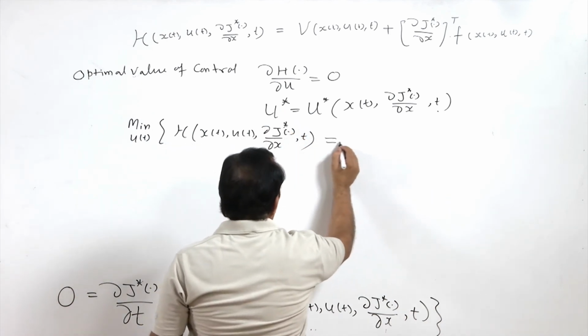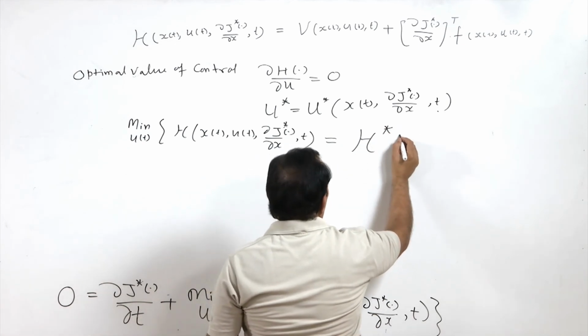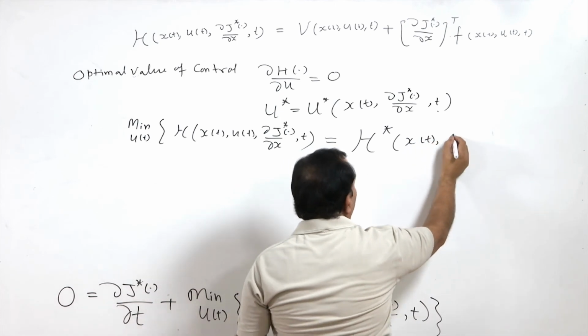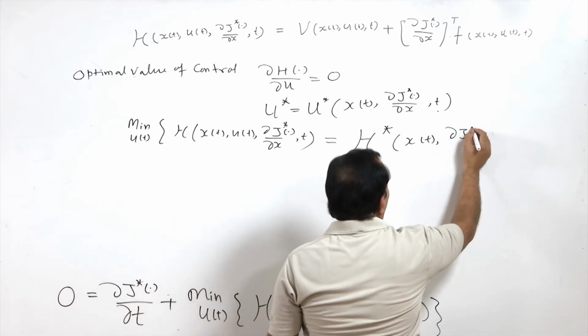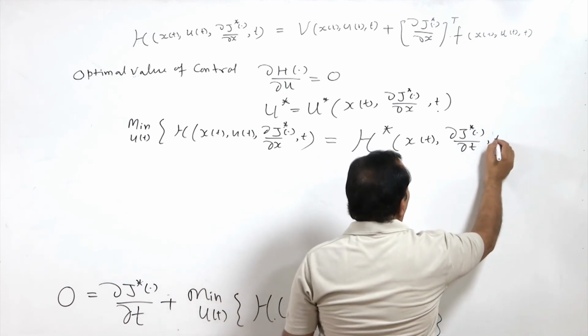I will get nothing but my h star, which will be a function of x, t, del j star by del x and t.